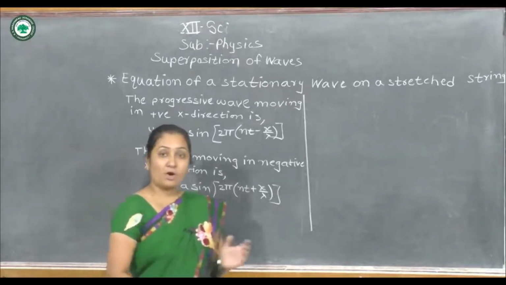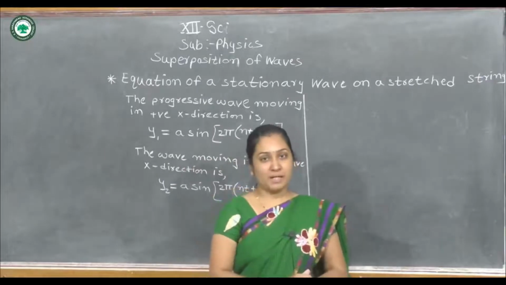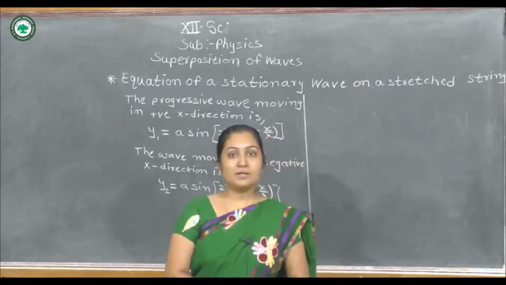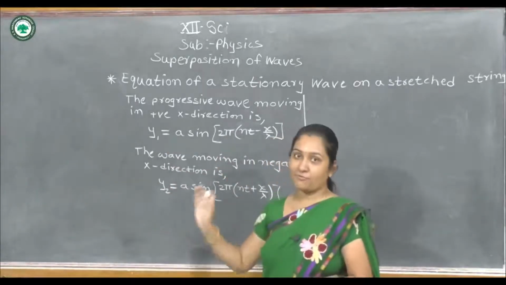Now according to the superposition of waves, the total displacement, or we can say the resultant displacement, will be the addition of these two displacements, that is y1 and y2.